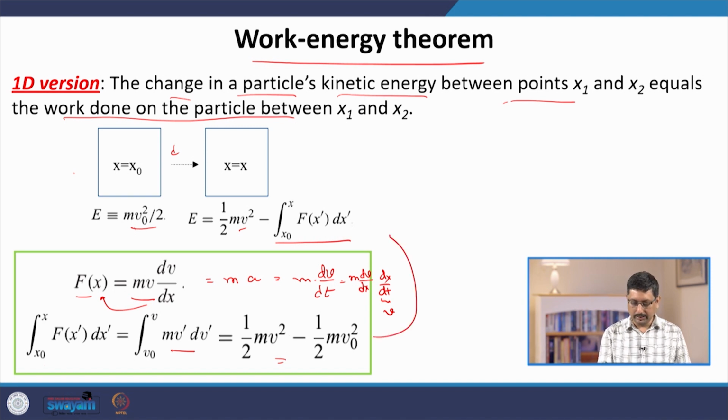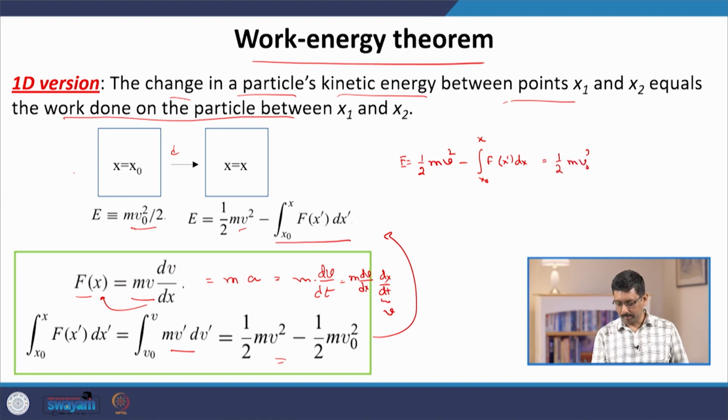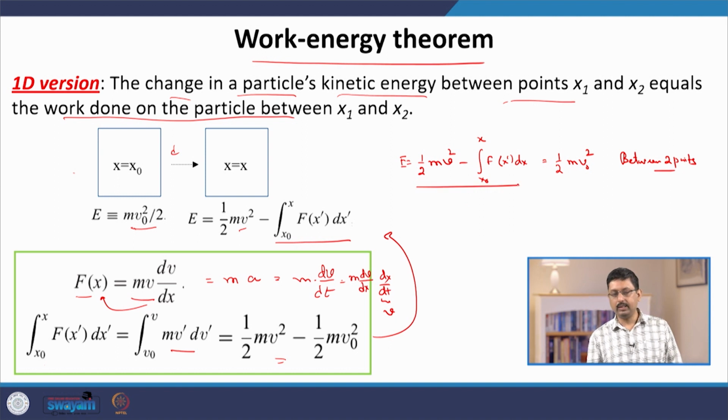Now, if we rearrange the terms, we get this particular equation, which means that between two points there is some quantity we can calculate, and this quantity remains invariant between 2 points. This is formally called the work energy theorem in 1D.